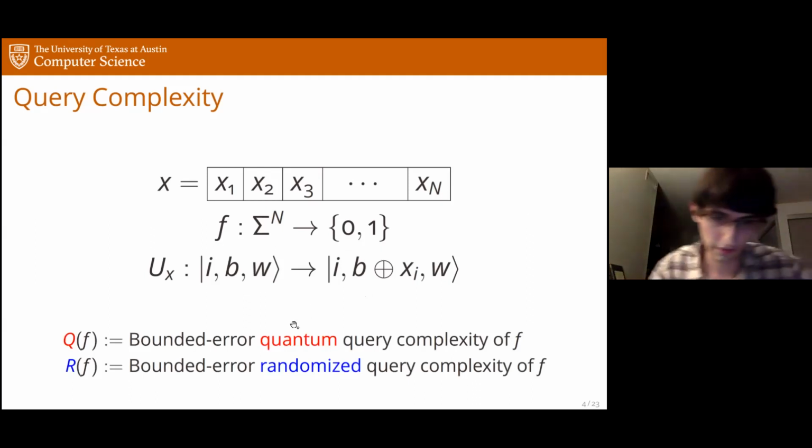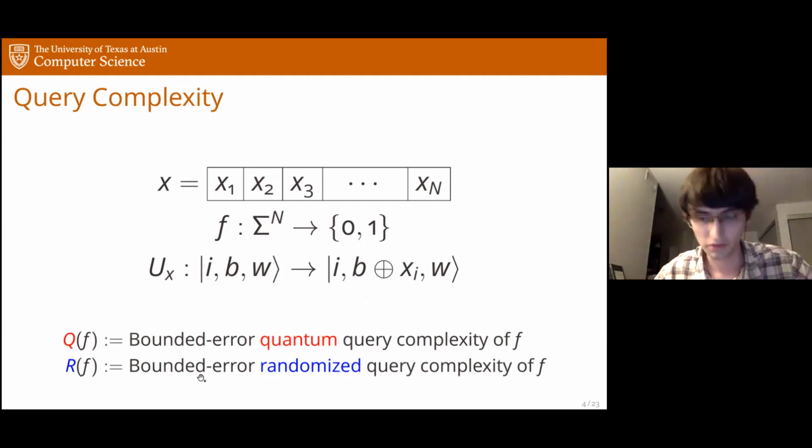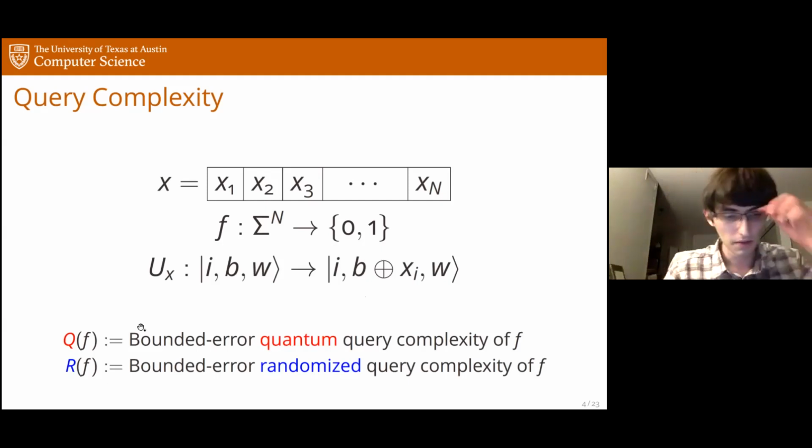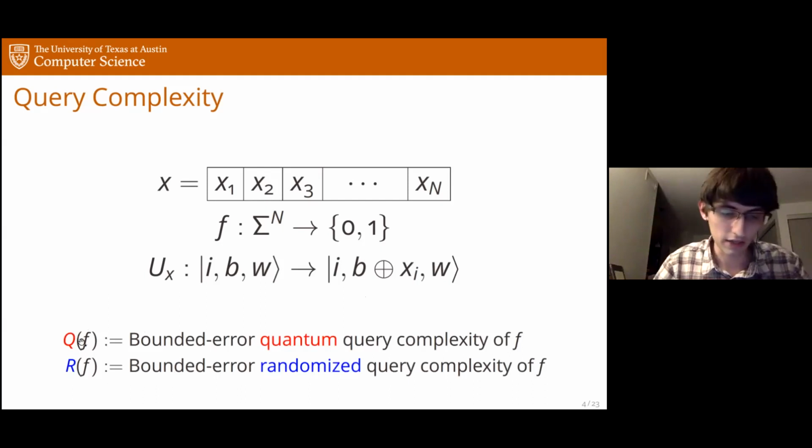There's Q of f, the quantum query complexity, and R of f, the classical randomized query complexity of f. We're interested in how many queries you need to compute f to bounded error, say with probability 2/3 of correctness. And basically what we're interested in is when Q of f can be exponentially, or at least super-polynomially, smaller than R of f.